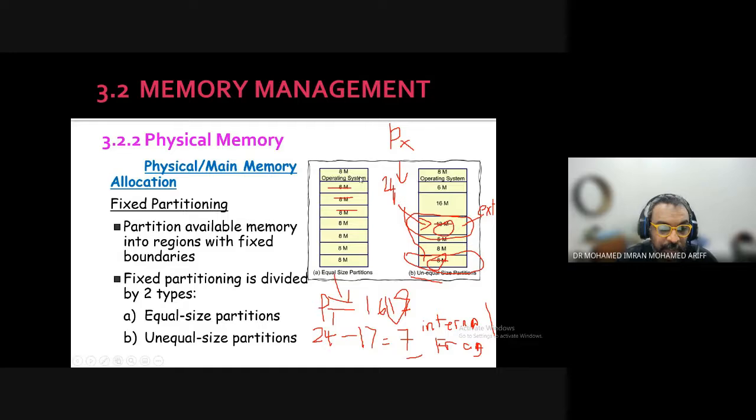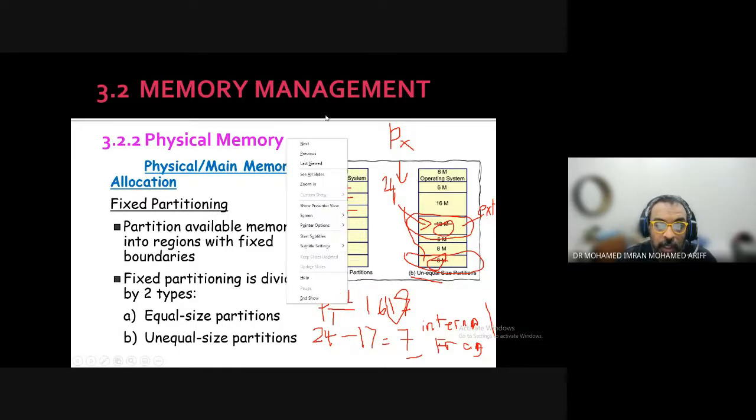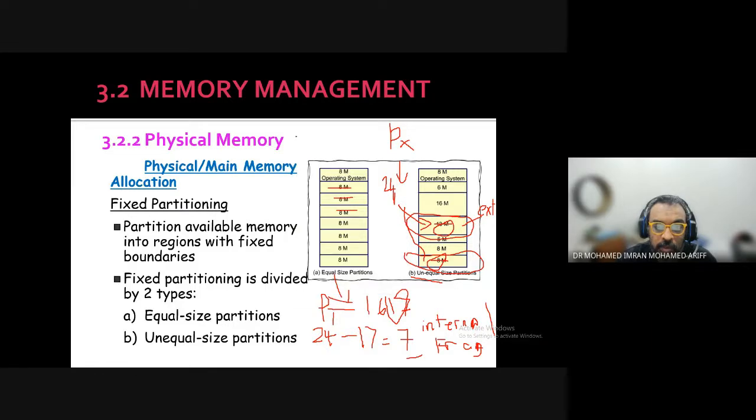Okay, in a fixed size partition, the operating system, the RAM is divided into fixed size. Nampak ni? Fixed. Semua ni sama je. Alright. So let's take this example. Let's say inside your memory, each fixed size is 8 megabyte. And you have a process A. Process A, size dia ialah, let's say, 8 megabyte.